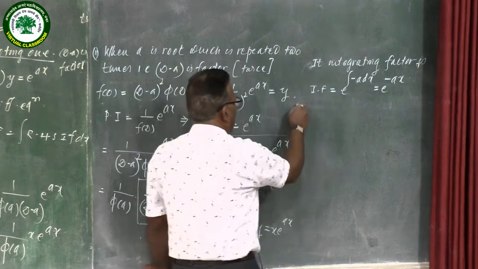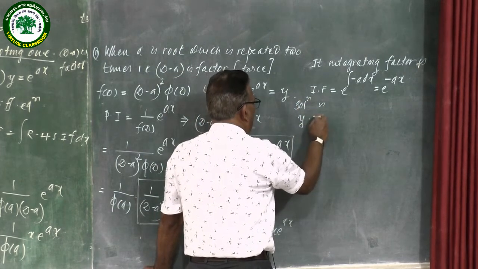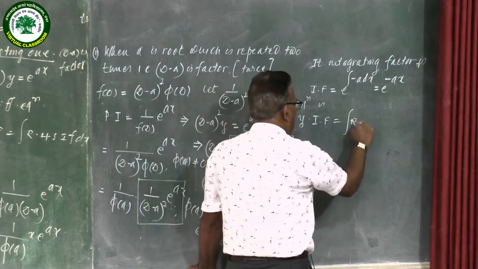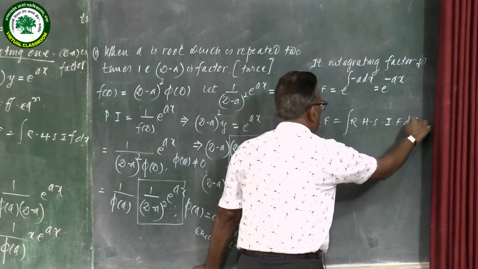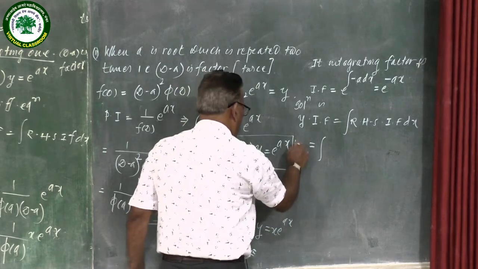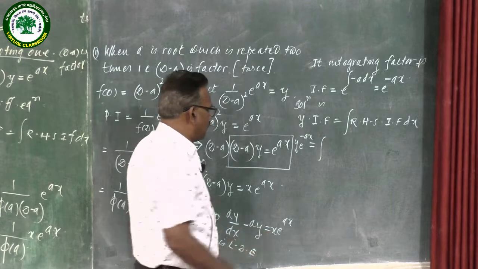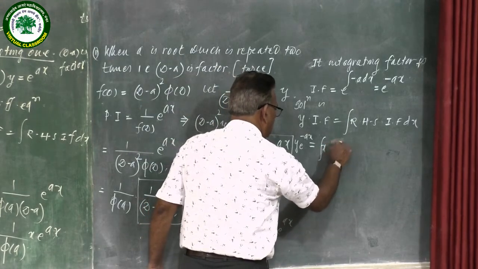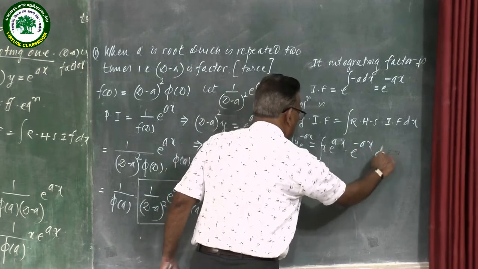Okay, the solution is y into integrating factor, which is equal to right hand side into integrating factor dx. The right hand side is x into e raised to x into the integrating factor e raised to minus x dx.